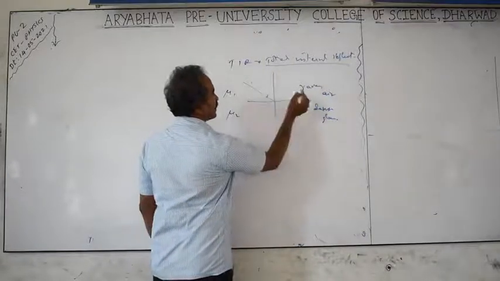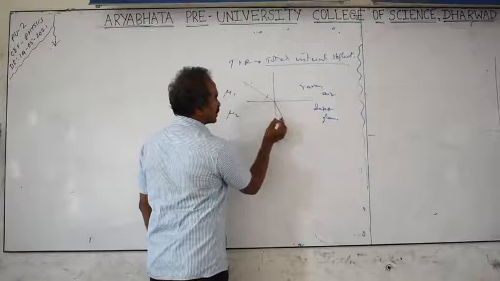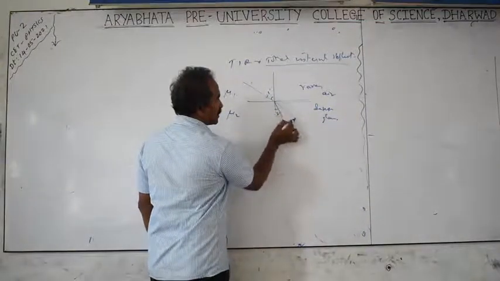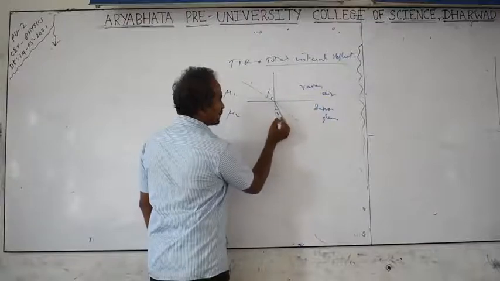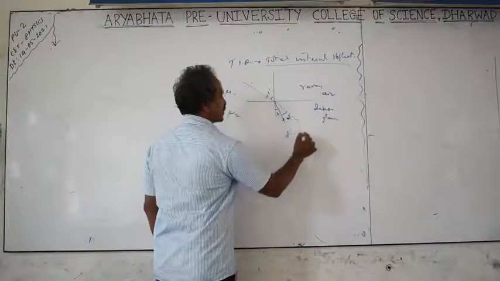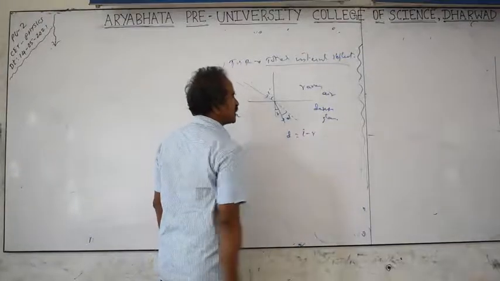So light when traveling from rarer to denser medium deviates towards the normal. This is the angle of incidence, this is the angle of refraction. The angle between the incident direction and the final refracted direction is called the angle of deviation. In this case, deviation angle is equal to I minus R, larger minus smaller angle.